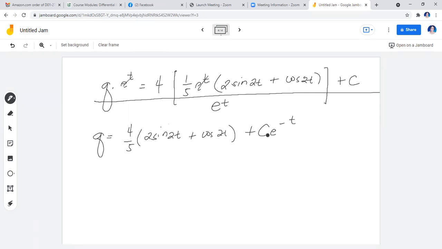Okay, so how do we evaluate or determine the C? We use the initial condition in the problem. So it was stated a while ago that initially, let me share to you the problem. That way, you will understand what I'm trying to say here. Okay, we'll just share again. Share. Okay.